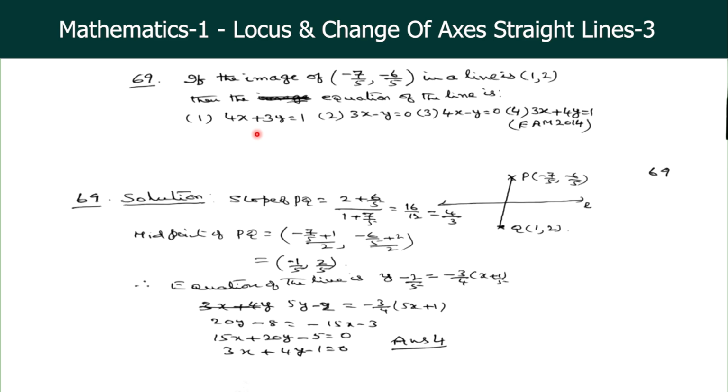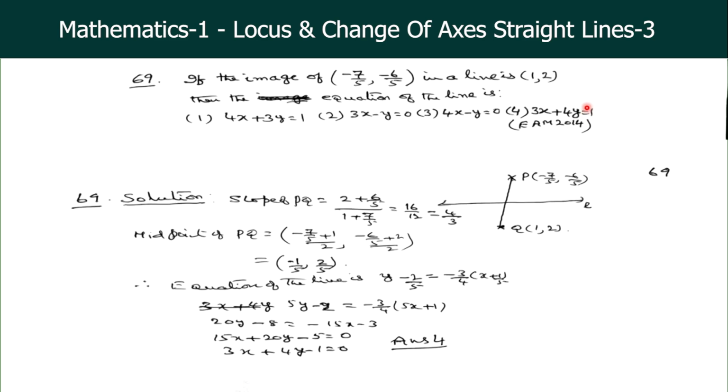If the image of (-7/5, -6/5) in a line is (1, 2), then the equation of the line is: 1) 4x + 3y = 1, 2) 3x - y = 0, 3) 4x - y = 0, and 4) 3x + 4y = 1.